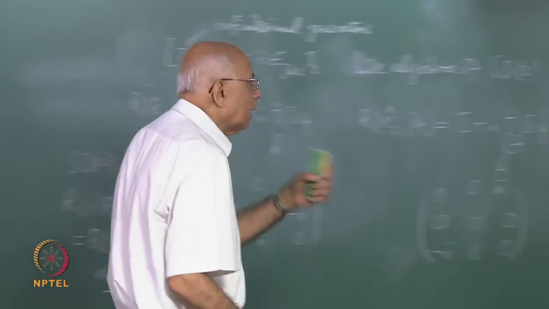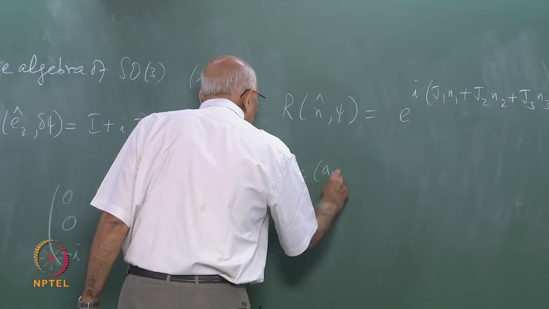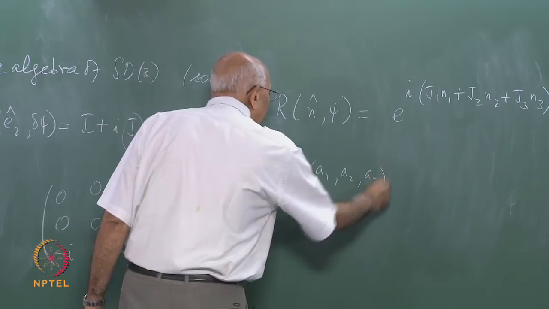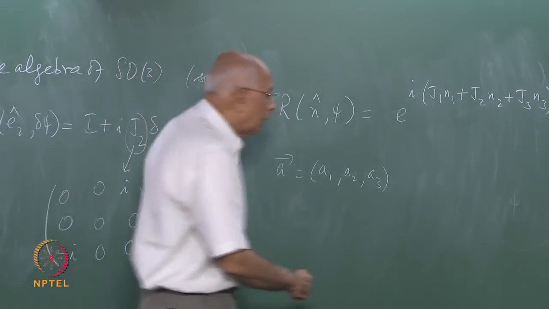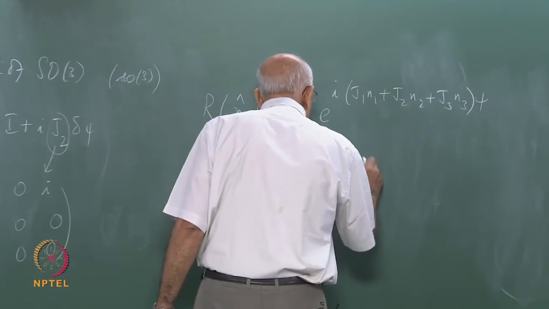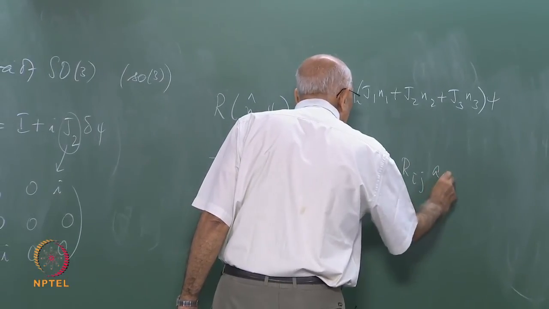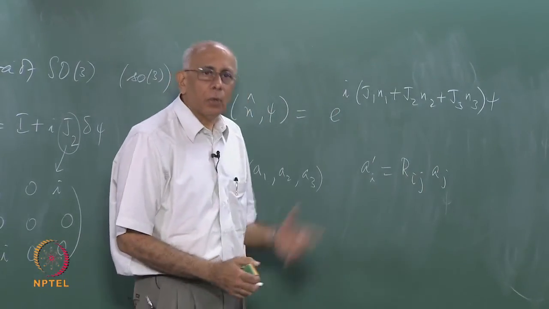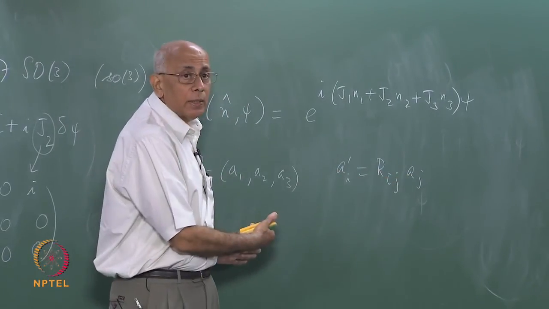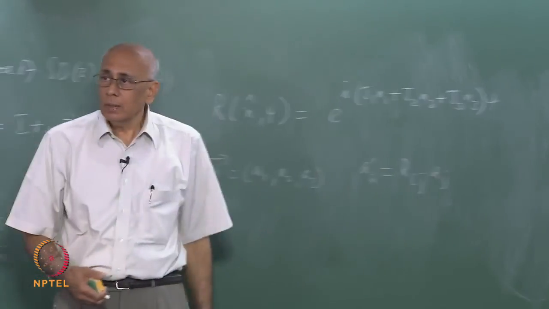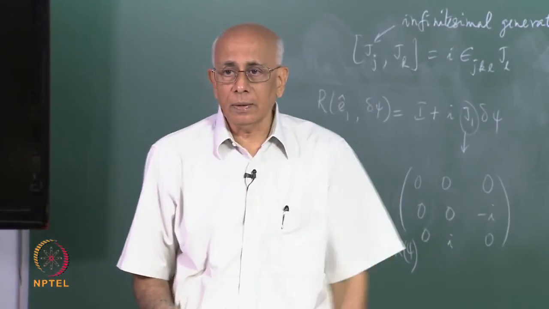So a vector in 3 dimensions, for example, would be a quantity A, and I would write this as A1, A2, A3, and I call this A vector if under a rotation A goes to A prime such that Ai prime equals Rij Aj. If the coordinates transform like xi prime is Rij xj and these 3 quantities transform in the same way, then I call it a vector. If it does not change at all, I call it a scalar.